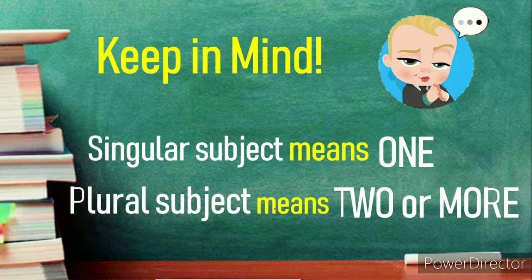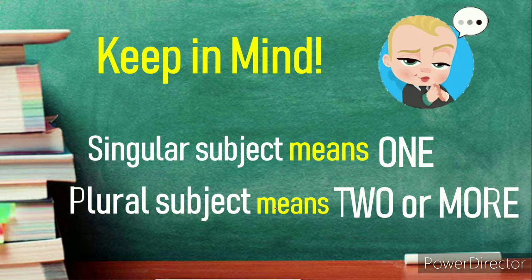Usually, but not all the time, we add s or es to a noun to make it plural. For example, teacher, singular. Teachers, plural. However, there are nouns wherein we change the spelling or we add other letters to have their plural form.